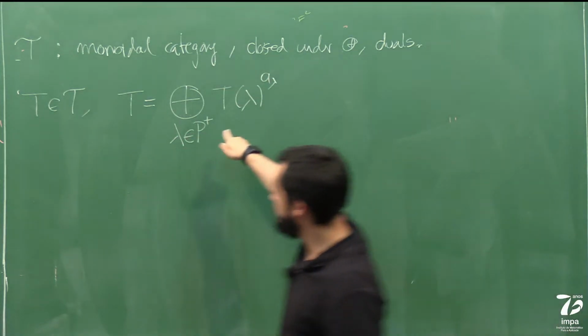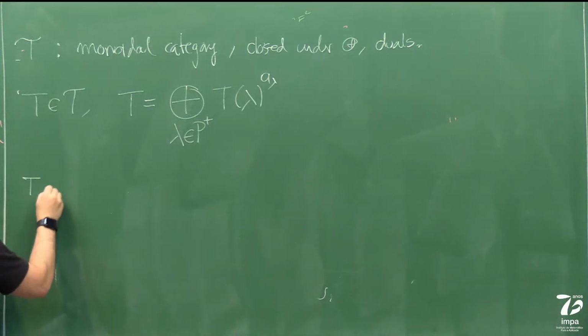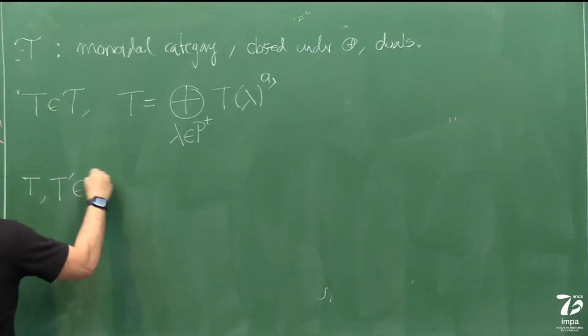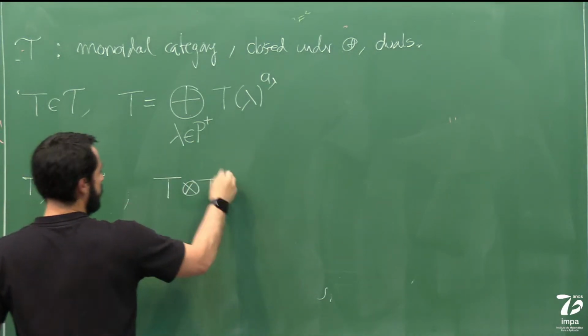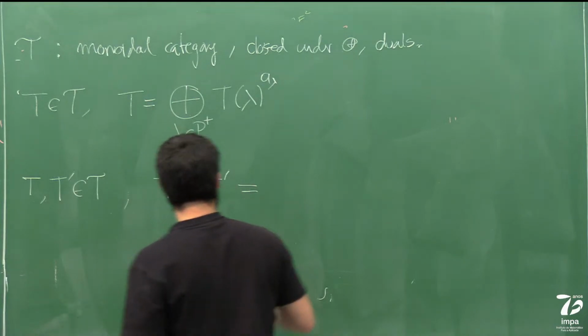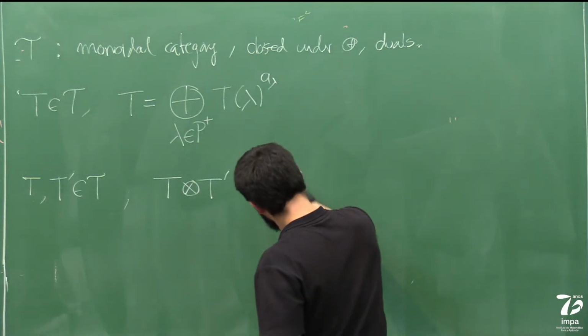So if I have two tilting modules, T and T prime, their tensor product you can decompose. If you decompose it, you have two parts.